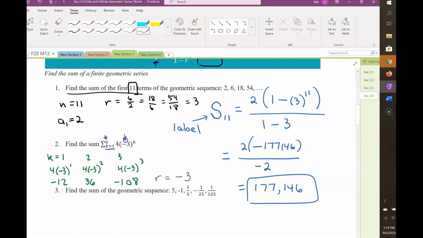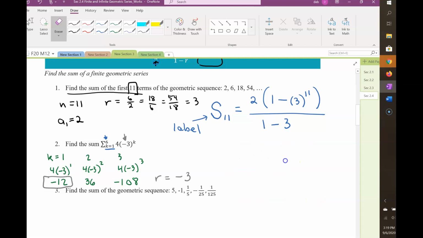You can kind of see it here in what's to the power. But the thing that might have fooled you is what is the first term, because here is the first term when k is 1. So it's helpful sometimes to explicitly write out a few of the terms so you can see what's going on.